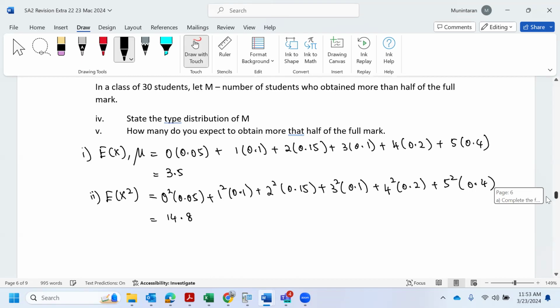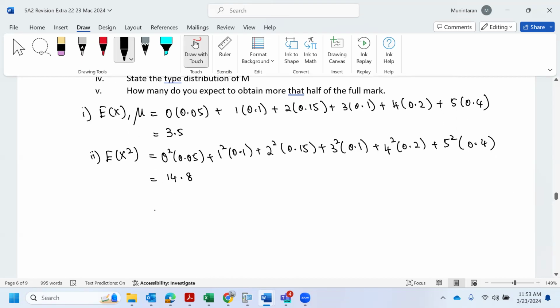So we want to find the variance. Your variance of X should be EX squared minus mu squared. That is 14.8 minus 3.5 squared, which will give you a variance of 2.55.